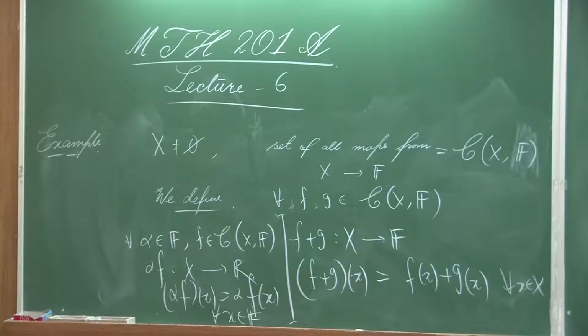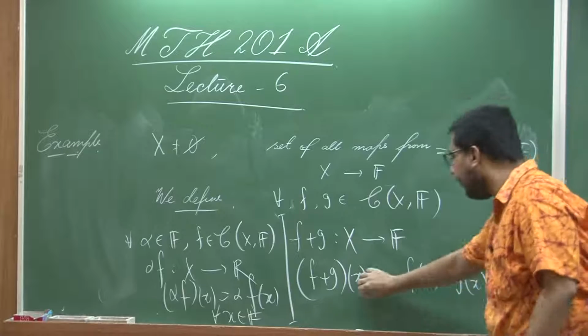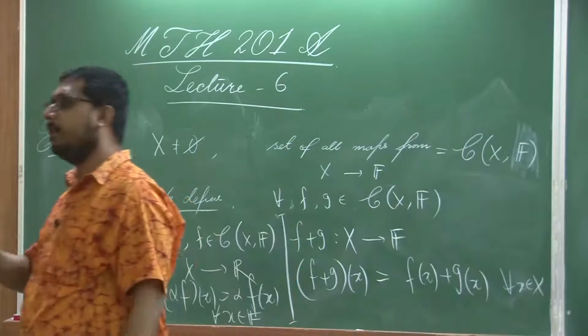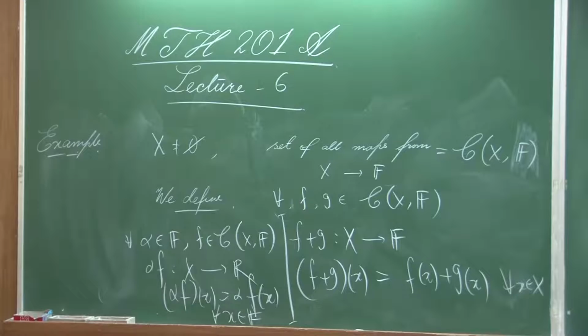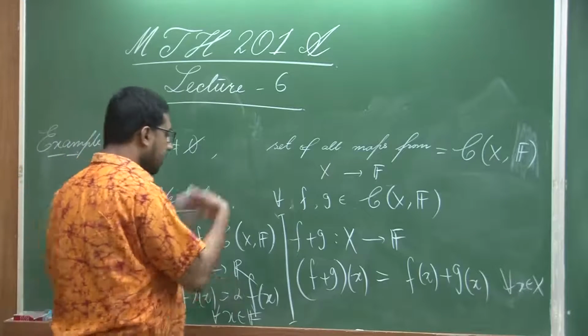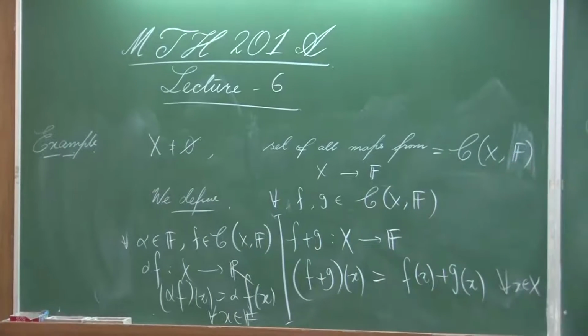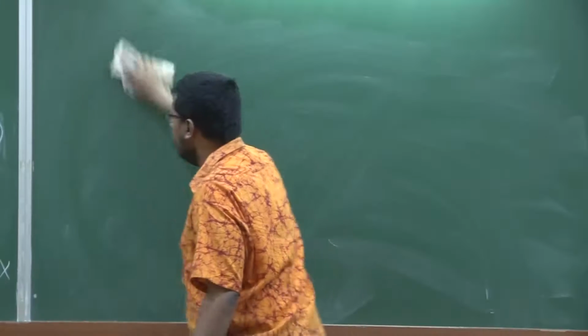So, at the level of every point things are happening, and that causes the required properties to hold, so that it is now a vector space over F.